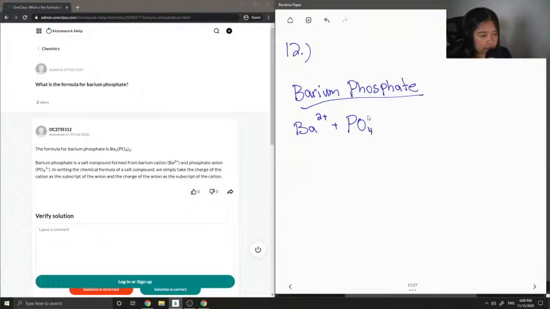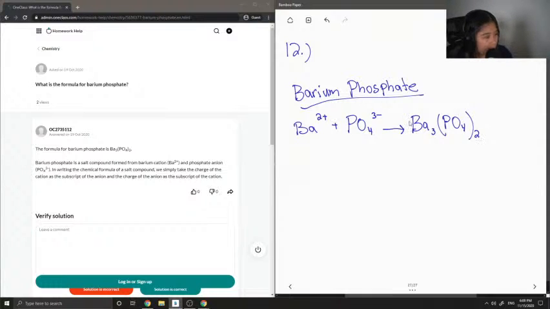Its formula is PO4, and it has a charge of -3. So its chemical formula would be barium 3 PO4 2.